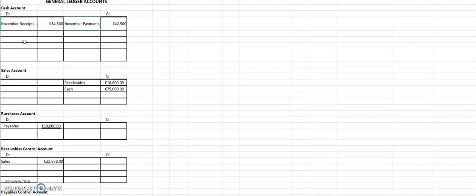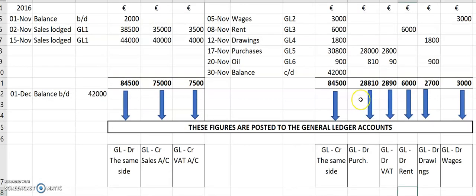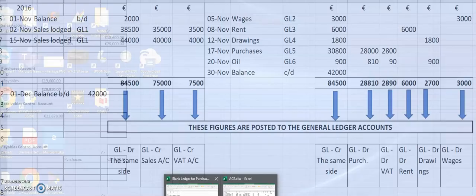Let's see, purchases. So this is all cash, the cash book. Cash book purchases was 28,810. Let's check that out. 28,810, that's right. Next we had VAT, so I'm keeping the same side, debit.